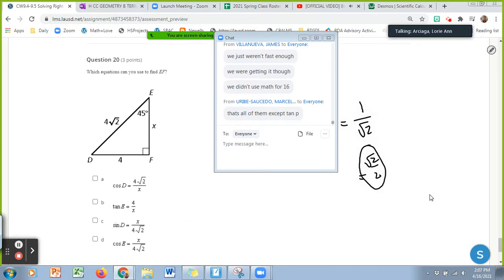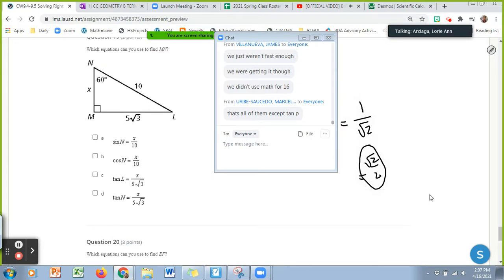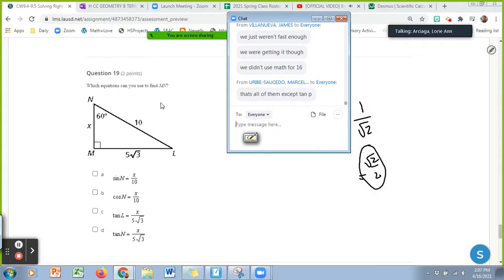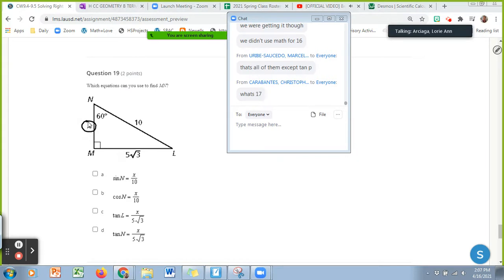Because the last two are multiple responses. Which questions can you use to find MN? There's multiple possibilities, but here you have to pick 2. You want to look for MN. So let's use sine N. Sine N is opposite over hypotenuse.